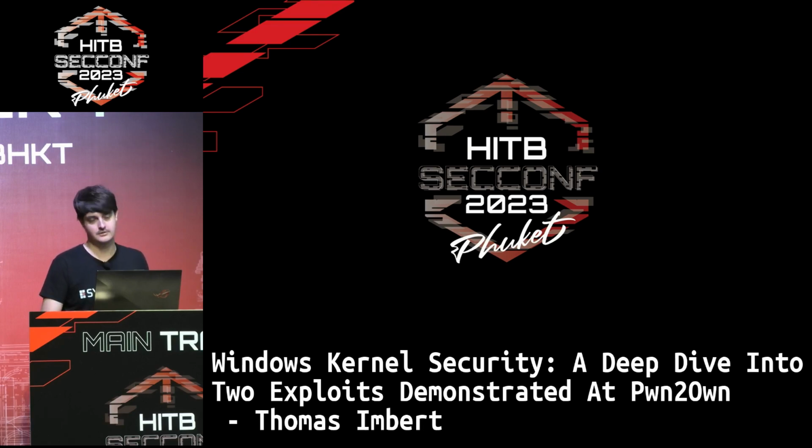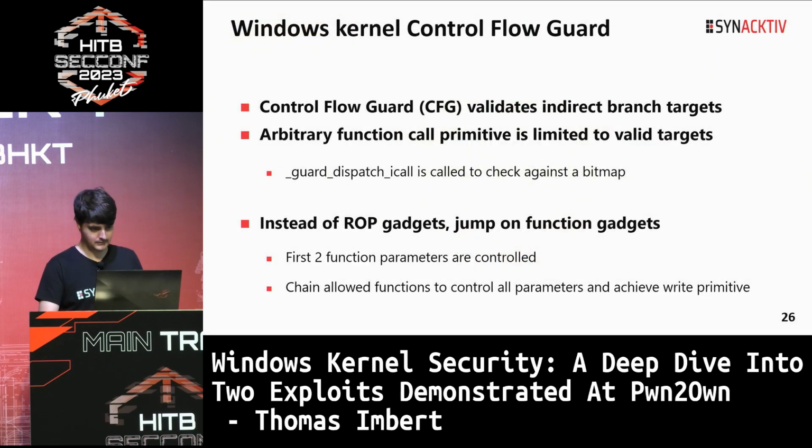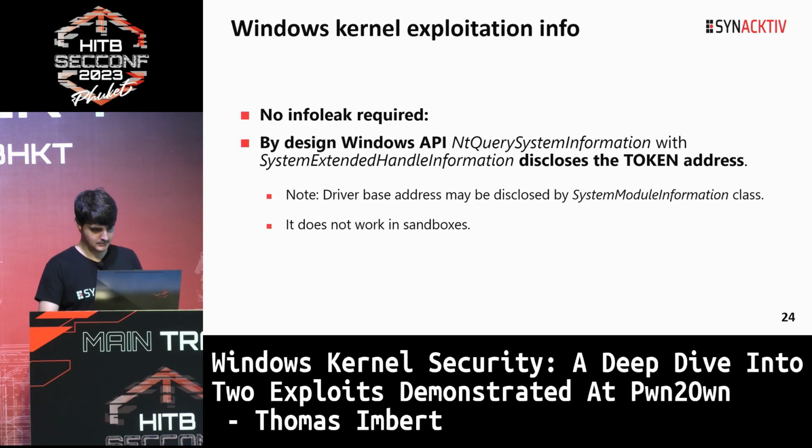Okay, so this uses the KASLR info leak. I think I have some slide to present it. This is using NtQuerySystemInformation with SystemExtendedHandleInformation. So basically, you ask for a handle on your token. I don't remember the exact API name, but you open your own token, OpenProcessToken it's called, and then you call this API.